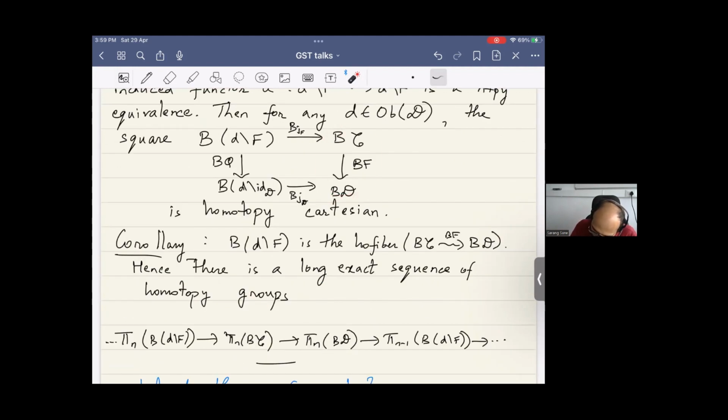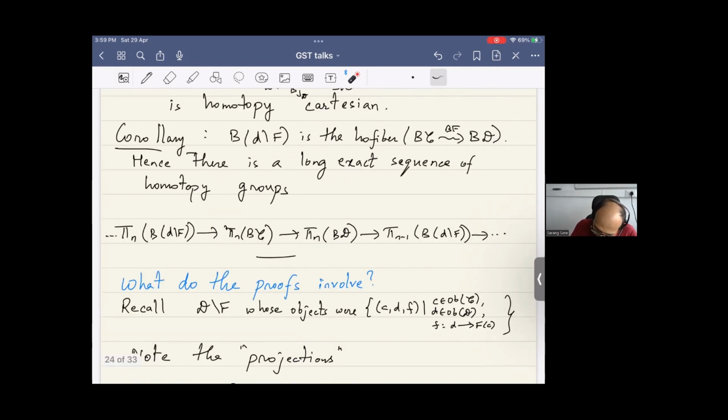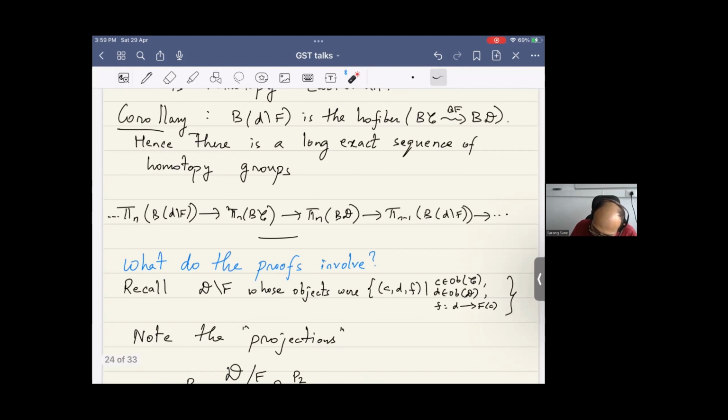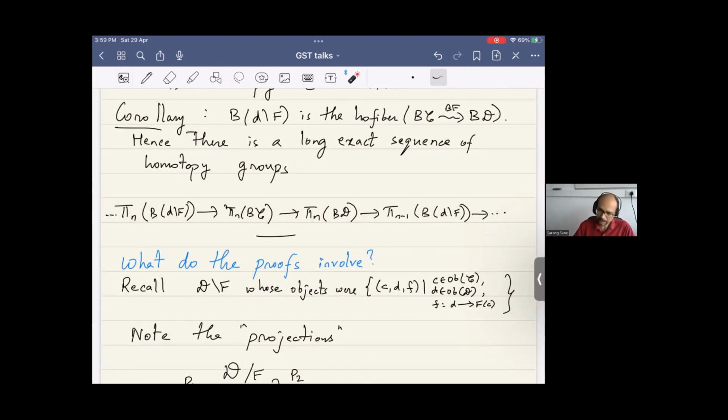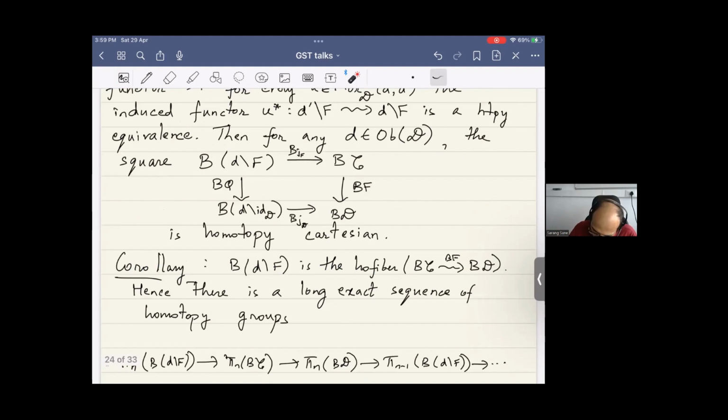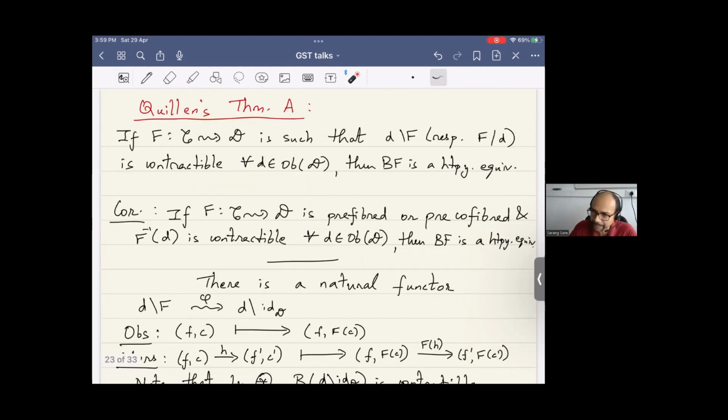As a result, it tells you that there's a long exact sequence like this. And what is this thing? These are exactly the classifying spaces of those comma categories. Of course there's a hypothesis, so let's go through the theorems now. But I hope you get an idea of why we were doing the previous stuff.